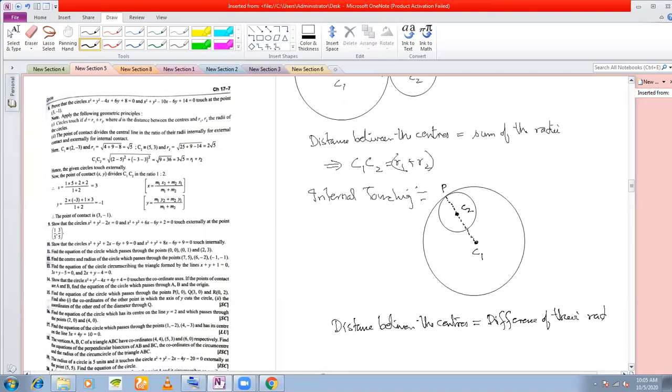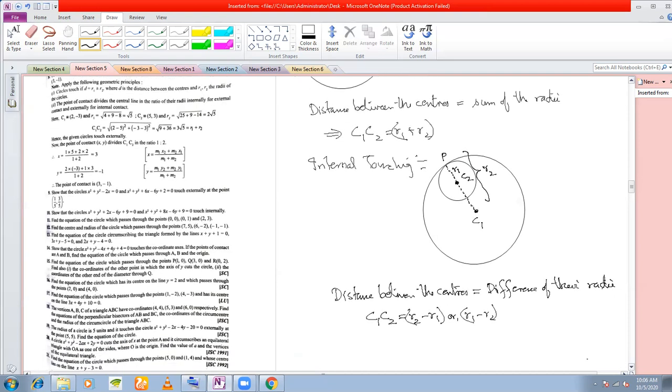Difference of their radii. Okay, so let us call this radius R1 and this radius R2. That means in this case, the distance between the centers must be equal to the difference of the radii, R2 minus R1, or we can also take R1 minus R2. If we combine these two, then we can also write it in this manner.